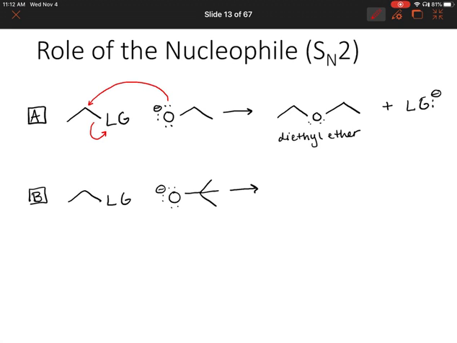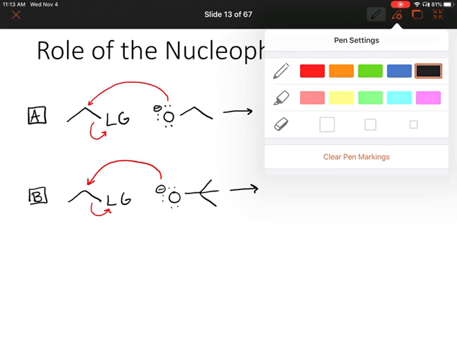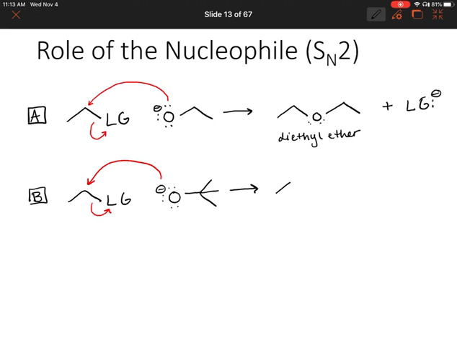So in this reaction, the same thing would happen. The nucleophile would attack the neighboring carbon to the leaving group. Leaving group leaves. And we end up with something that looks a little bit different than our previous product.